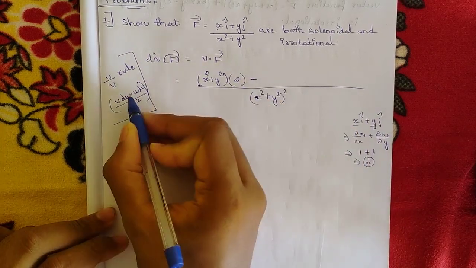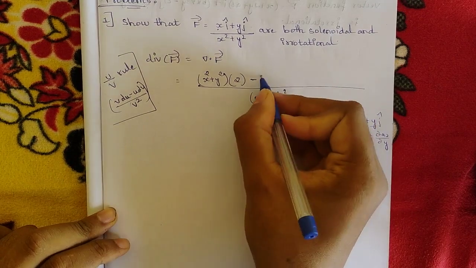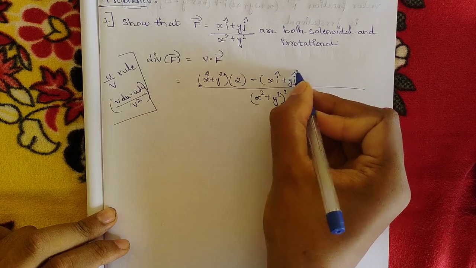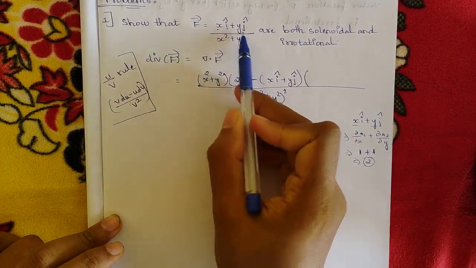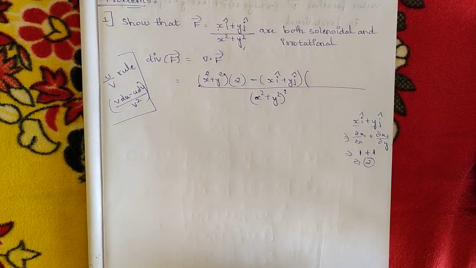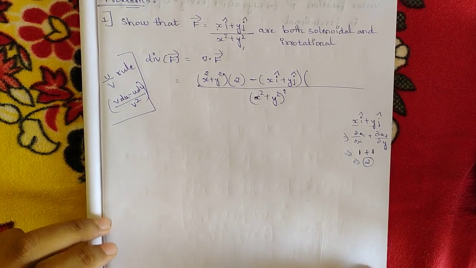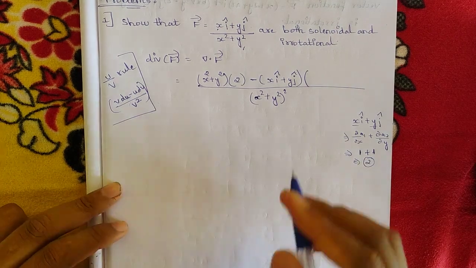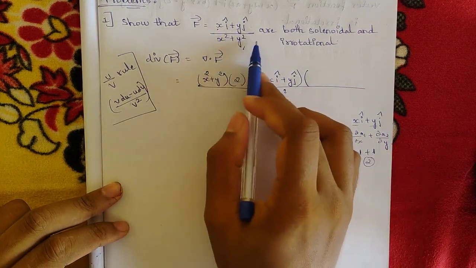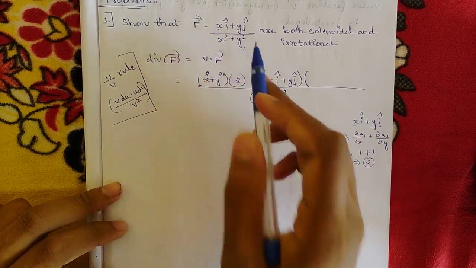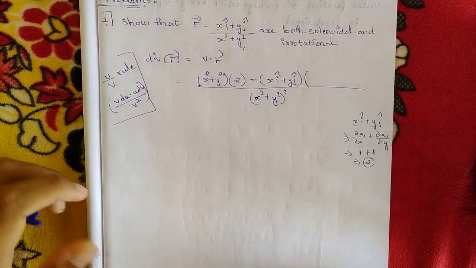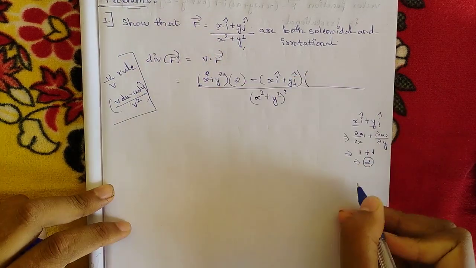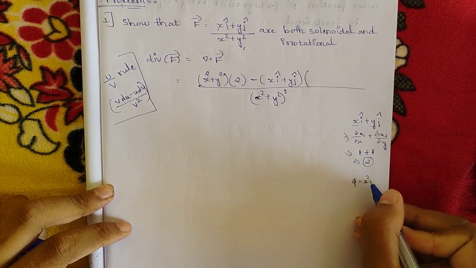Similarly, minus u as it is, that is the numerator as it is, x i cap plus y j cap, into the differentiation of the denominator, that is x square plus y square. Again, since we cannot take its divergence, since it is a scalar function, what we could do is directly take the gradient of this by saying this term is phi equal to x square plus y square.